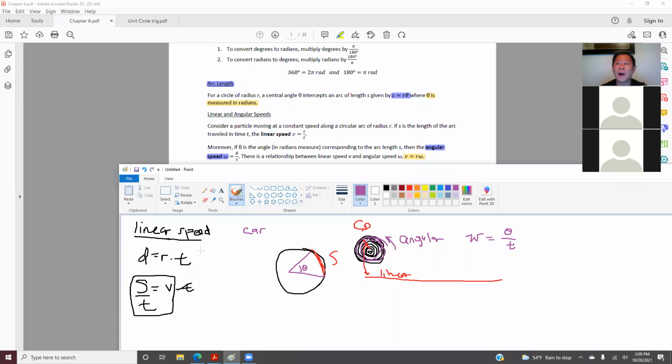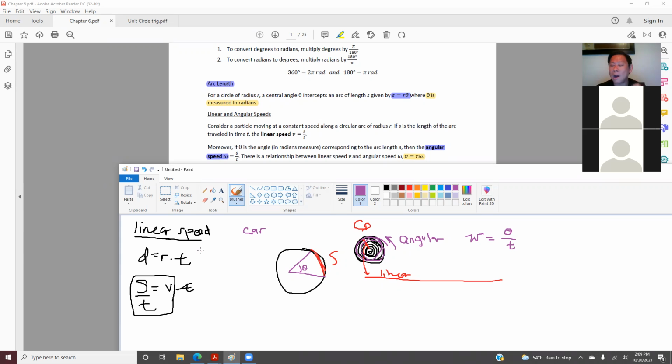There are quite a few applications that use linear versus angular. Another one is a Ferris wheel. Your Ferris wheel is going in circles, so it's an angular speed. But when you stop and people go in and out, it's kind of like a linear speed once you stop.